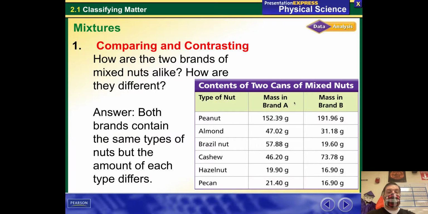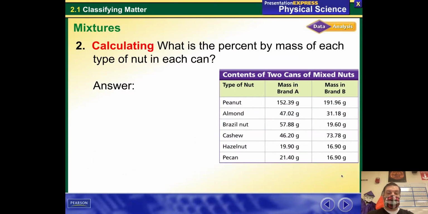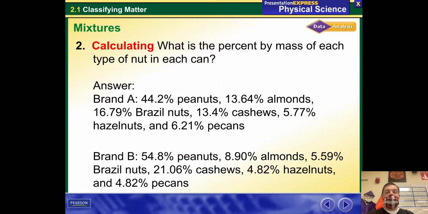So brand A's proportions are going to be like this, or brand B's proportions are going to be like this. So calculating the percentage by mass of each type of nut can be like this. So if I broke it down compared to the whole, 44.2% are peanuts. We're going to talk about brand A right now.